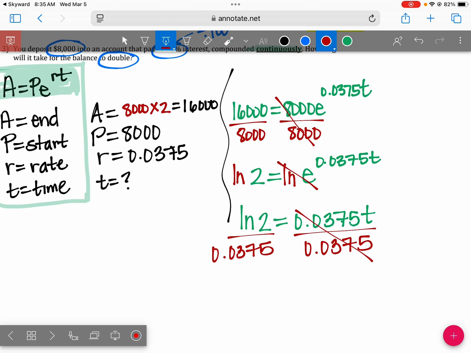So pick up your calculator. T equals the natural log of 2 divided by 0.0375.